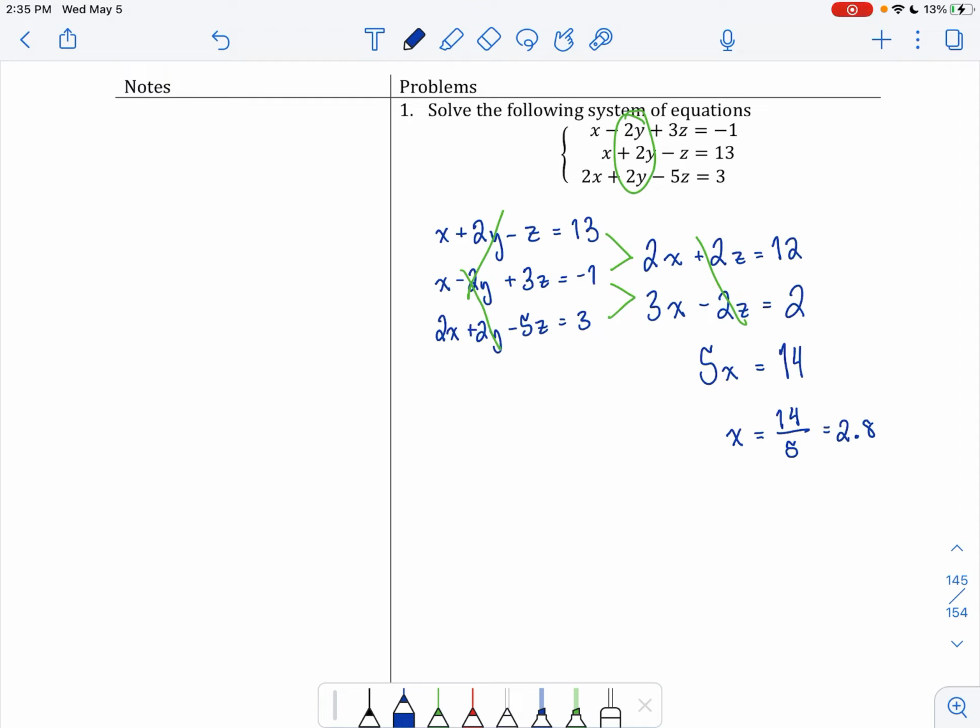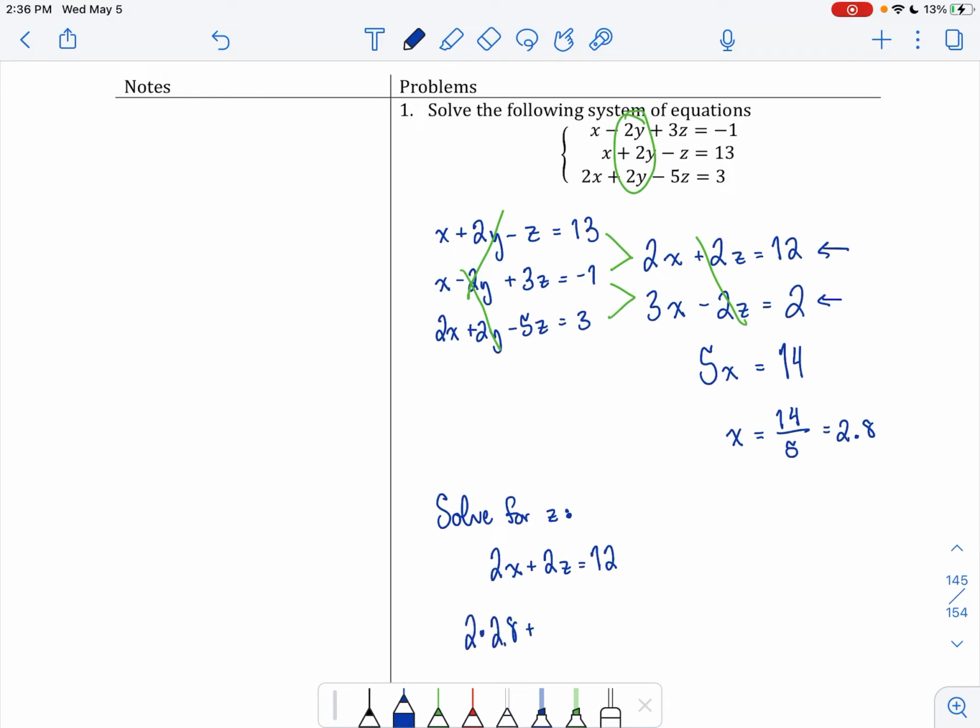Now that we know what x is, let's solve for z. That means I'm going to use one of these two equations here, and I'm just going to use the first one. So 2x plus 2z is equal to 12. We know that x is equal to 2.8.